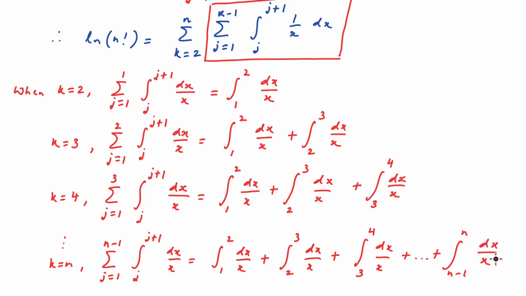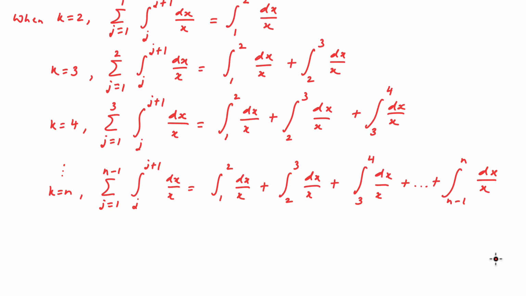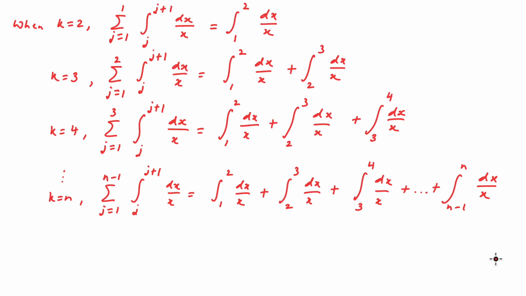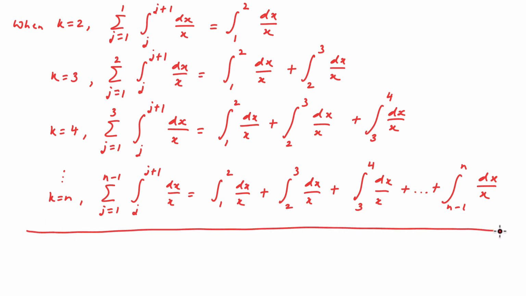Now, the reason we went through this whole exercise is so that instead of adding up this entire summation horizontally, we can now add it up vertically, and we will see what advantage this gets us. The left-hand side, of course, is ln of n factorial, and the right-hand side, adding like terms to begin with, integral 1 to 2, 1 upon x dx. There are n minus 1 such terms, k going from 2 to n.